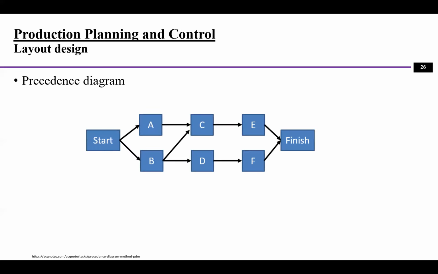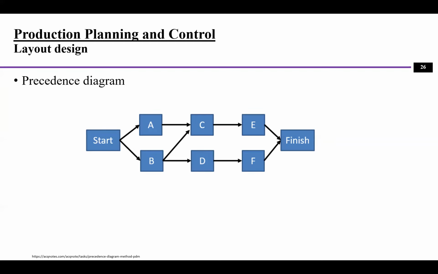And another diagram we typically see is the precedence diagram. The precedence diagram describes the relations between the processes. For example, we can start from a raw material. Then in order to make the finished product, we need to go through multiple processes. Then how are all these processes related? You can see, for example, in this one, after the raw material, it will go to two separate ones.